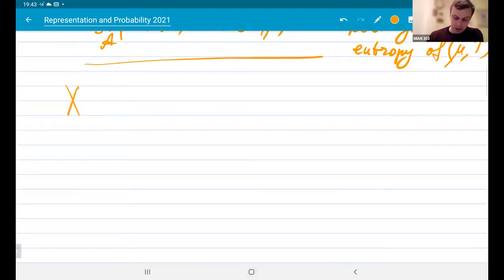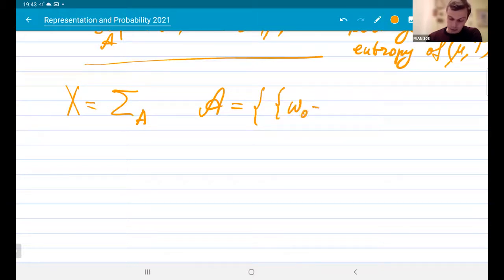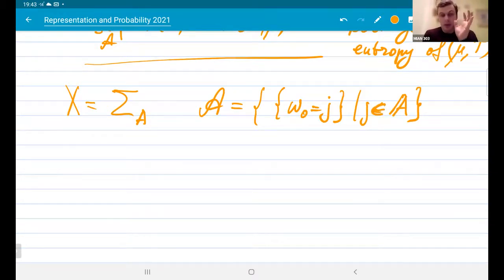So let us assume that our space is just Sigma_A, and our partition is just the set of all omega with omega_0 equals j, over all j in the alphabet, the set of states of our Markov chain.